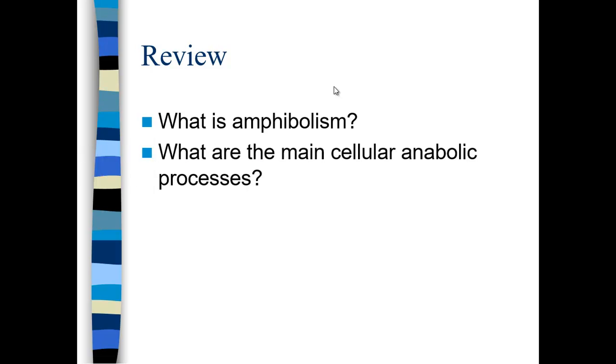The main cellular anabolic processes all correspond with the macromolecules. So the macromolecules would be lipids, proteins, amino acids, and nucleic acids, and the main cellular anabolic processes are just the processes by which you get lipids, nucleic acids, amino acids, or proteins, and carbohydrates.